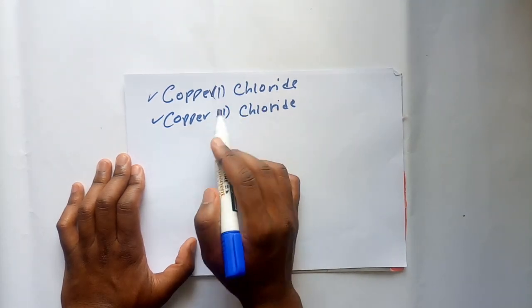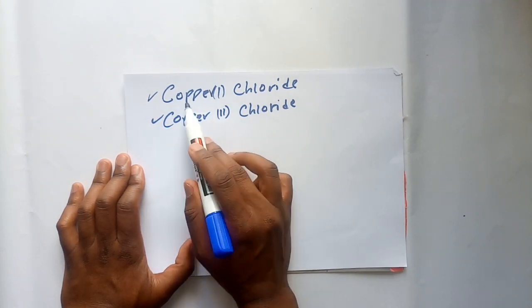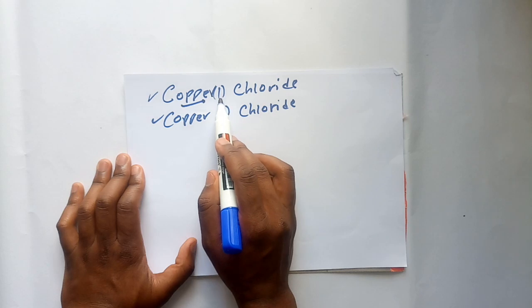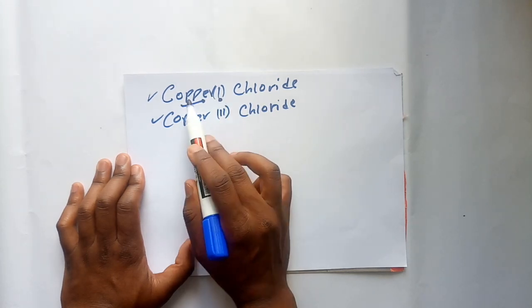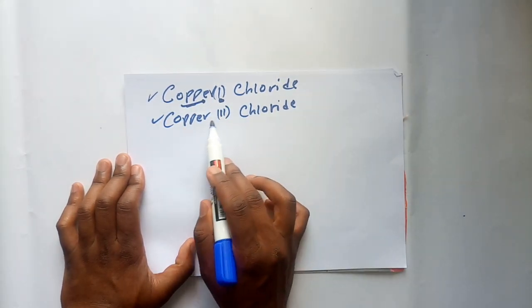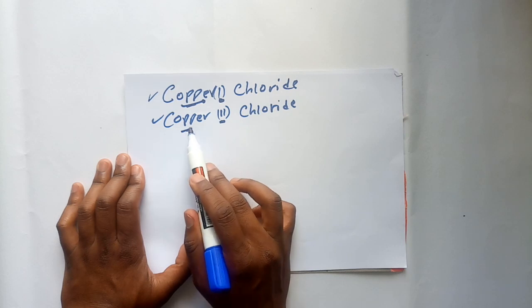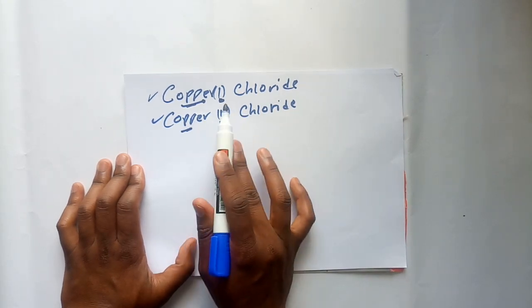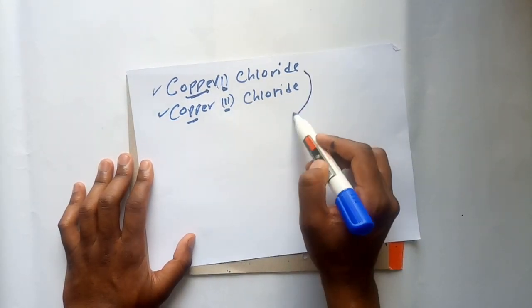Now, in this compound number 1, the valency of copper is 1. The number that is written here is the valency of the cation. So the valency of copper is 1. In this one, the valency of copper is 2. So their formulas will be pretty different. So we go to the first one.